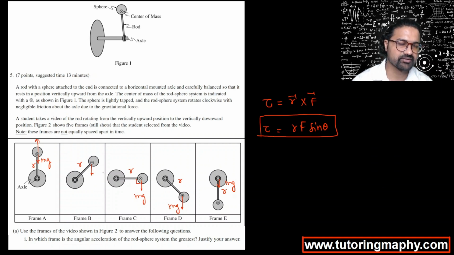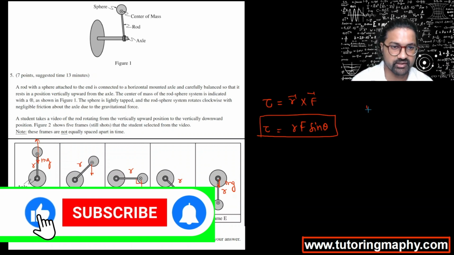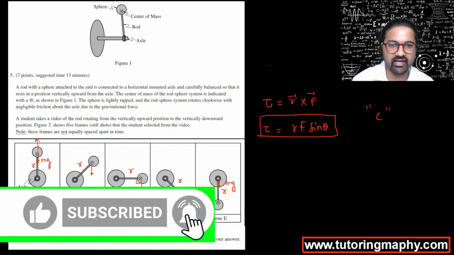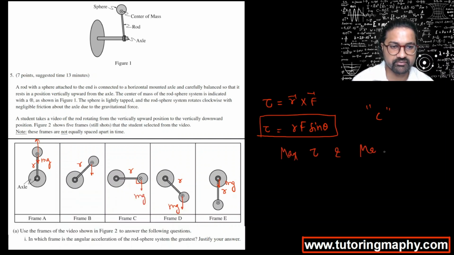It doesn't really matter because sine is maximum when the angle is 90 degrees. So sine 90 is maximum, and this is in situation number C. So at C, we will have the maximum torque and maximum alpha, as the angle is 90 degrees and sine 90 is 1, which is the maximum value, right?